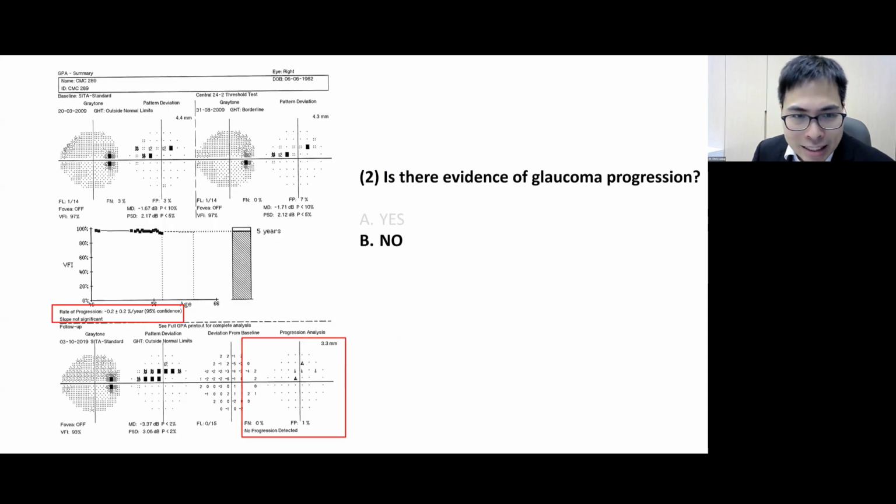We need to look at statistical analysis. When we look at trend analysis, the rate is 0.2%, but the slope is not statistically significant. When we look at the event analysis, there is actually no progression detected.